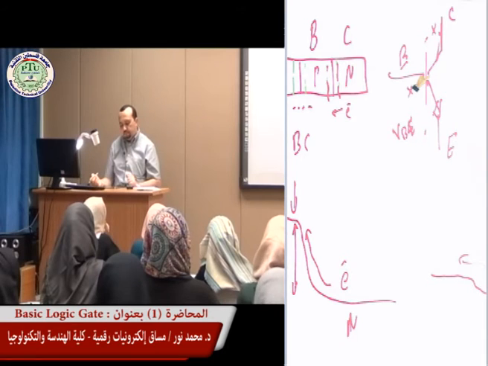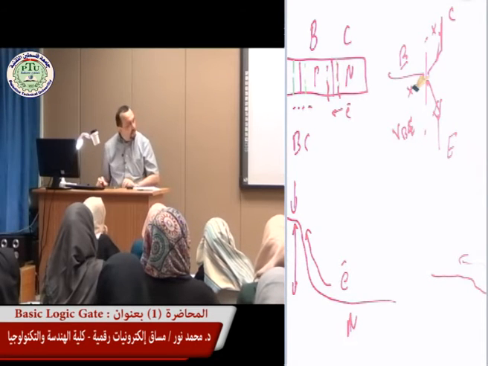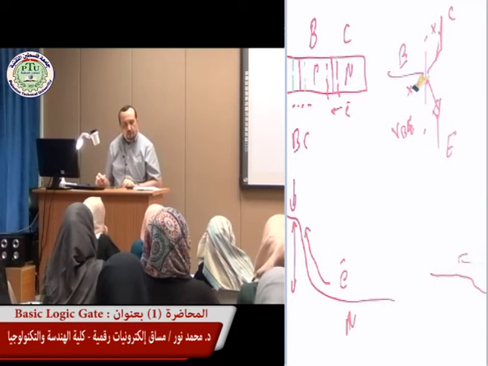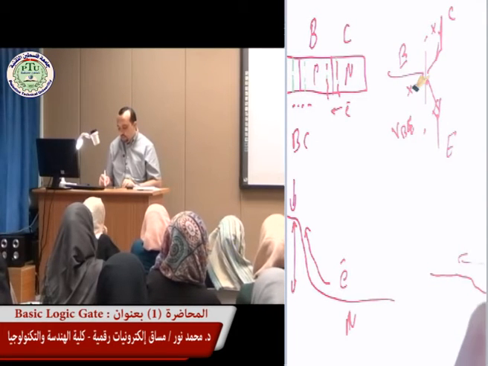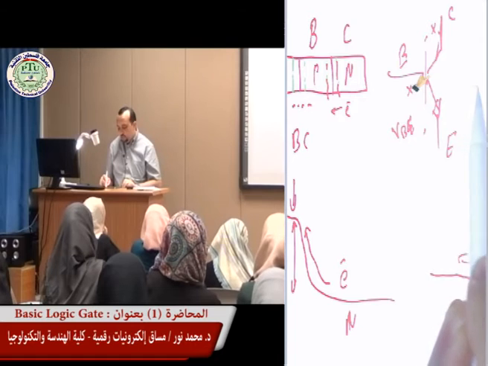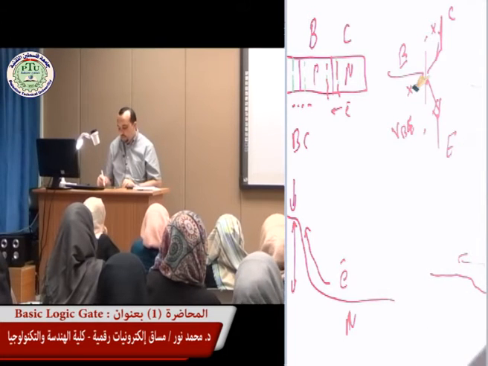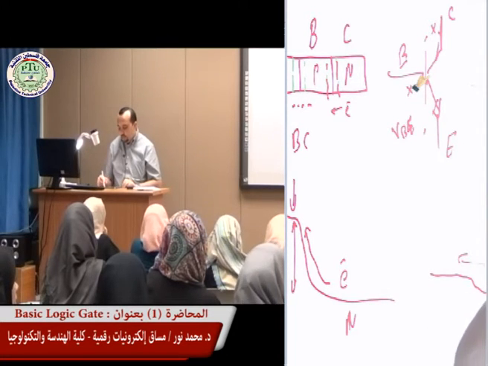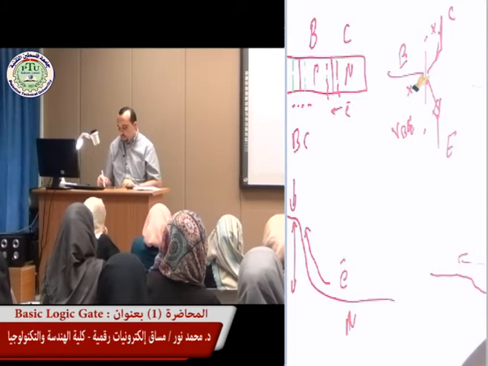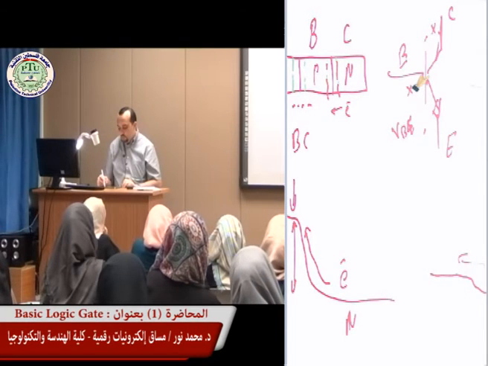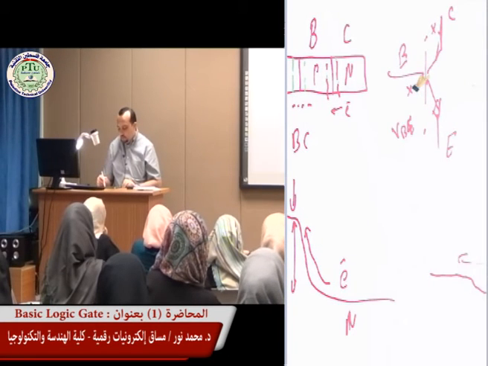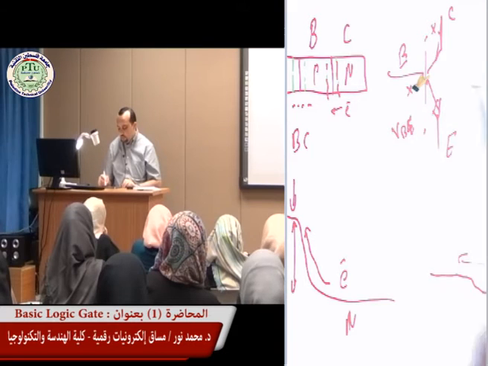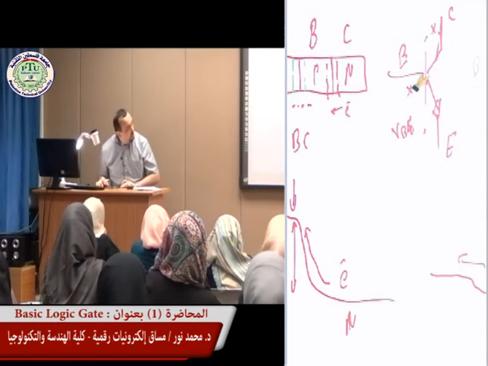That's the collector. Let's see what actually happens once the transistor is on. If I want to represent it this way, I will have something like this. This is the collector, this is the emitter side, and that is the base.